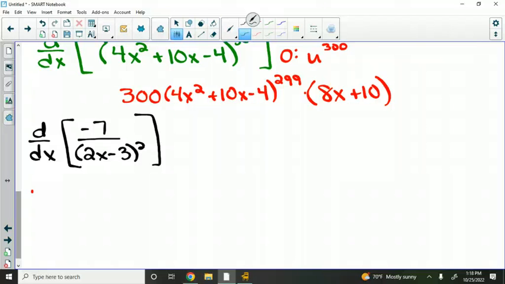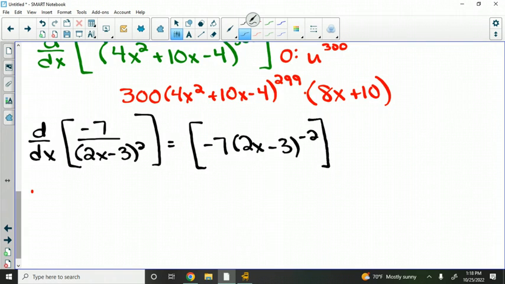So you know how sometimes like we've bumped things up and we've like made the exponent negative? Let's do that. Let's rewrite this and bump the bottom part up. So if I bump the bottom up, it'll be 2x minus 3 to the negative second power.